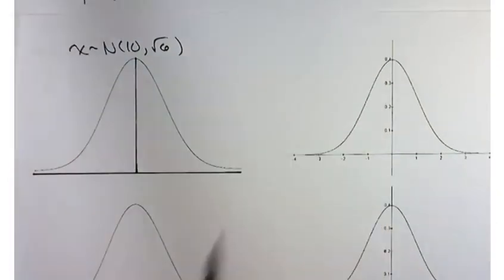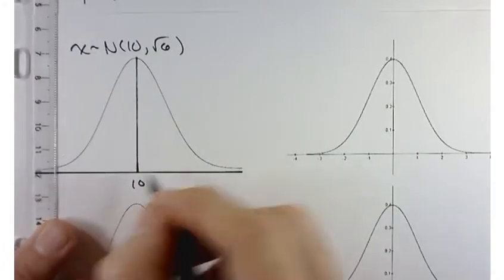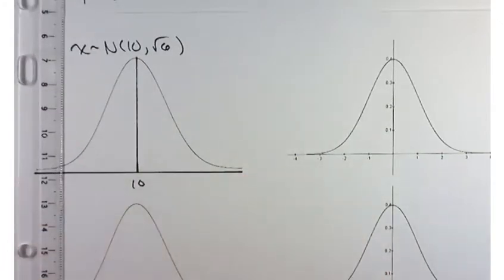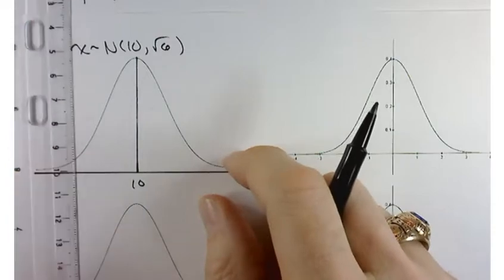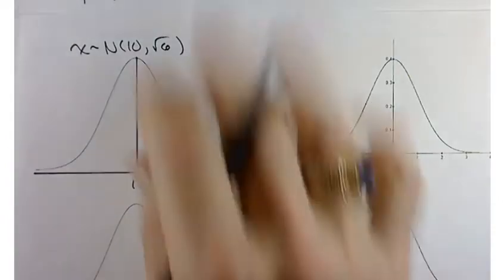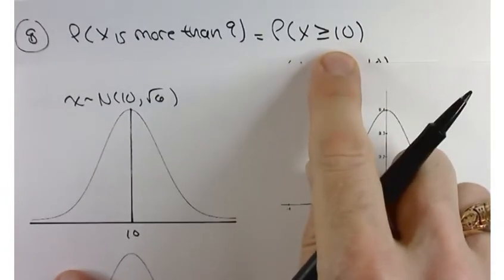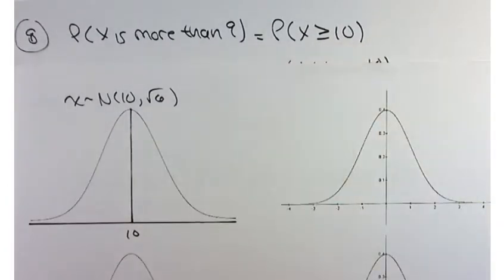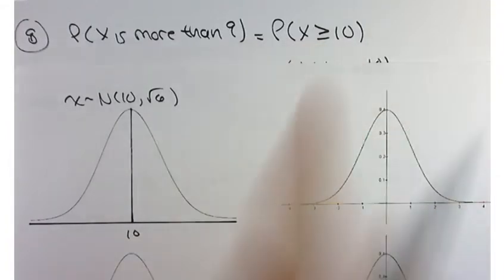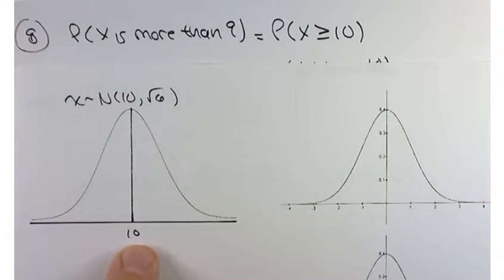We're going to eventually have to find a numerical value for that. Now, probability that X is more than 9 really means we're going to start up here at 10. I want the probability that X is greater than or equal to 10. Now, if that's all there was to this problem, could you answer it right away? What is the probability that X is greater than or equal to 10 on this distribution?